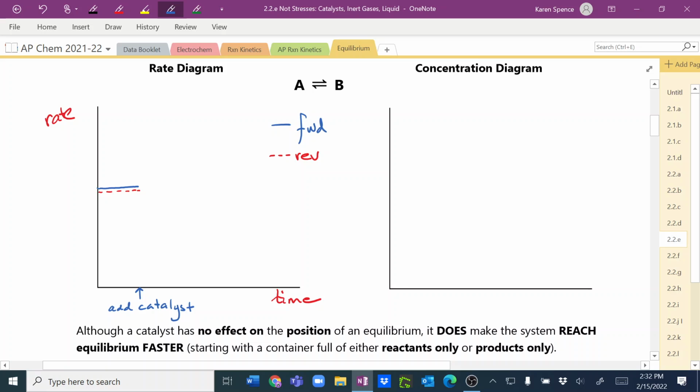What happens to our forward rate? Increases. Yay. What happens to our reverse rate? By how much? Same.